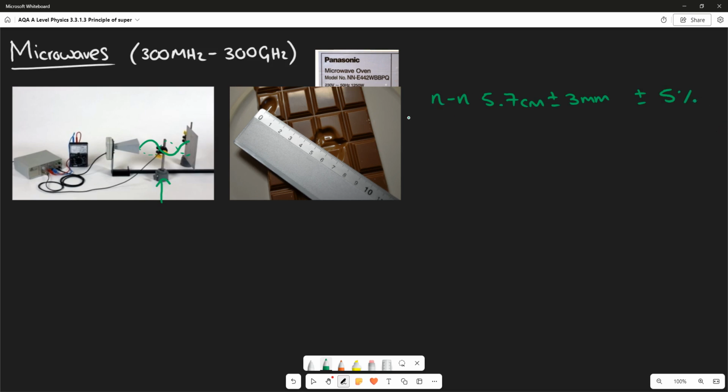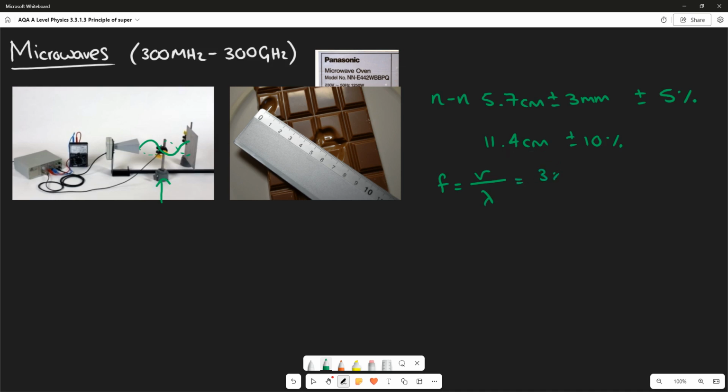Okay, if that's node to node, then a full wavelength would be double that distance. So because we're doubling that distance, we're also doubling our error. So this becomes 11.4 centimeters with a percentage error of 10%. We can calculate the frequency because we know the speed of a microwave, which is the speed of light, and we now have the wavelength.